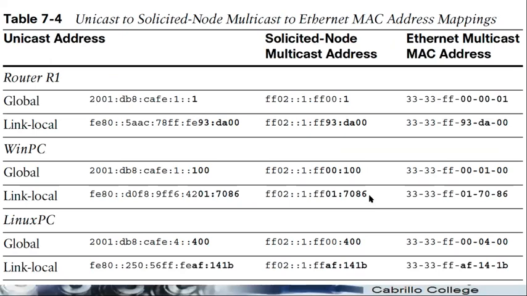Okay, so I'm just showing you from the book here some different global unicast and link local unicast addresses. Here they get mapped to a solicited node multicast. Then it gets mapped to an Ethernet multicast MAC address. So basically, router R1 will accept any Ethernet frames that, first of all, have its own MAC address for that interface, plus any multicast addresses for either of these.